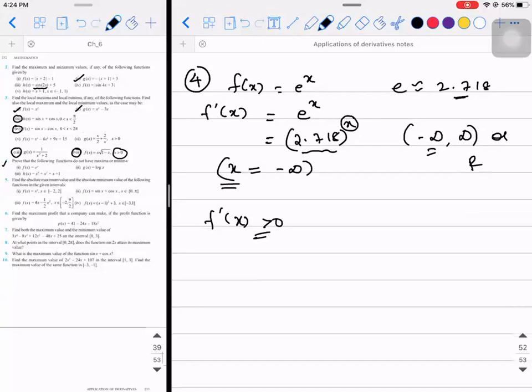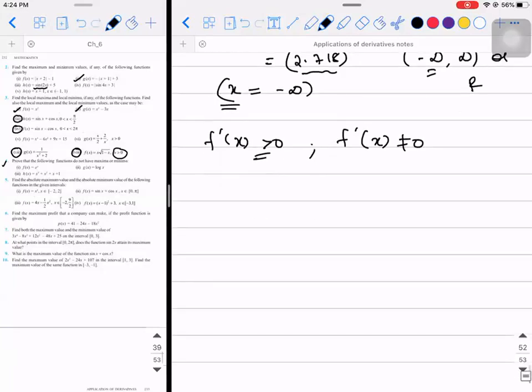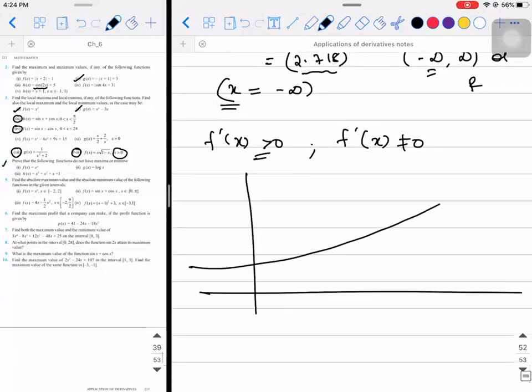So it should be an increasing function. It can never be equal to 0. If you observe the graph of it, it will be like this. So this is the graph of y is equal to e power x. Clear?